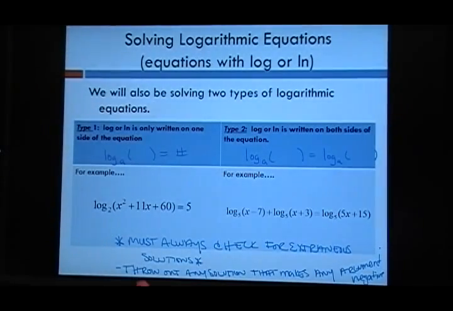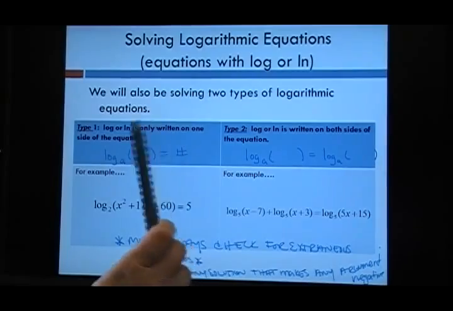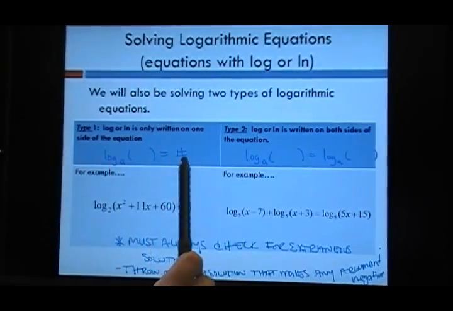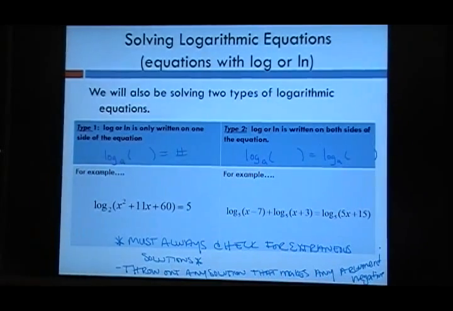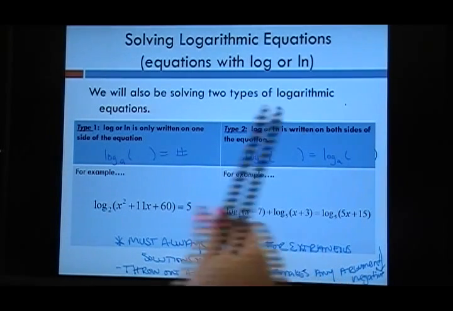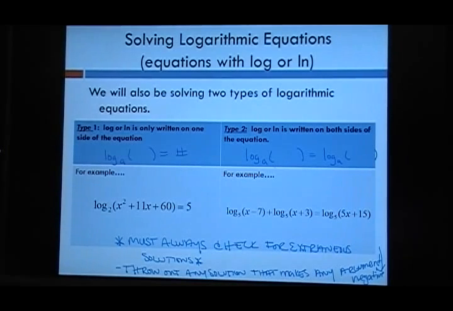Okay? So you need to know how to deal with a logarithmic equation that looks like this and how to deal with one that looks like this. And let me add that we have to throw out any solution that makes our argument negative or 0.